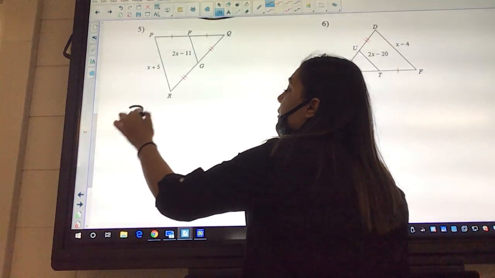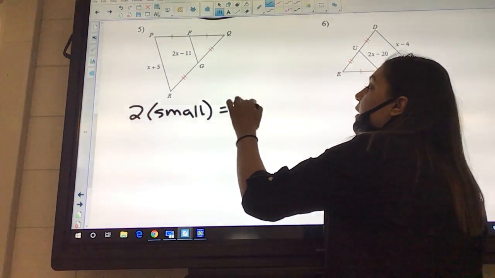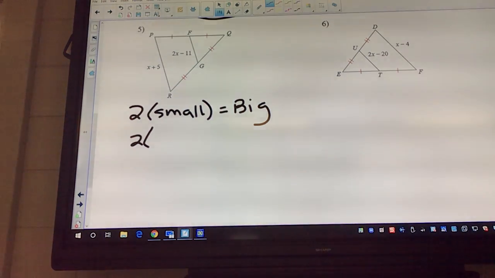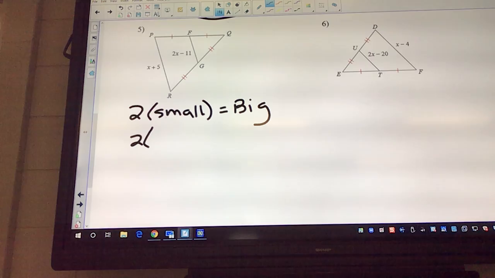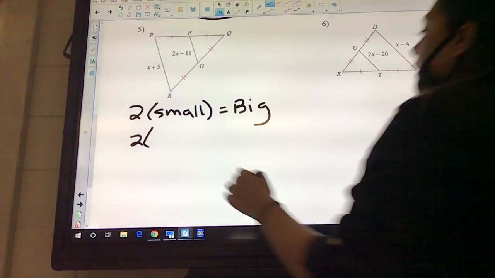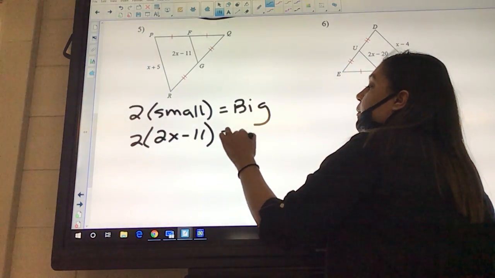We got 2 times our small equals the big. Okay, Bree, what's the small one? Which one is the small one? Perfect. 2x minus 11. And what's our big one? X plus 5.